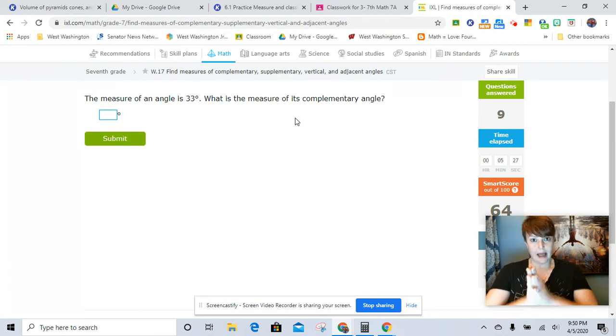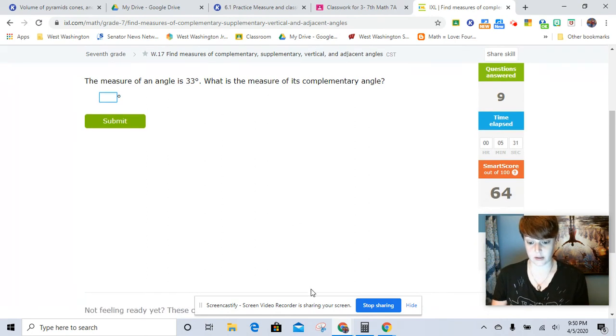One more time, I need a screenshot. So you can either use your snipping tool here, or you can use the screenshot button, which for every computer is different, and I'm not on my Chromebook right now. I'm actually on my college laptop.